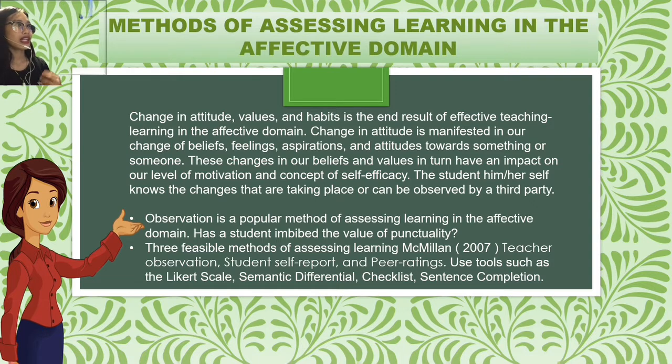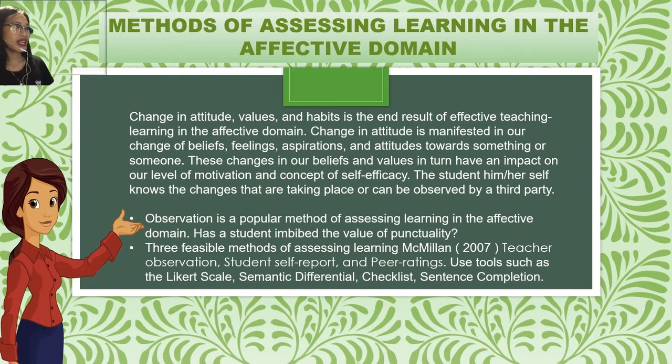For example, in the classroom, the teacher observes if you are participating in class activities and group activities, and if you pass assignments on time. It's all about your attitude and behavior, being a responsible student. So teachers, parents, and classmates are the witnesses of the changes in a student.